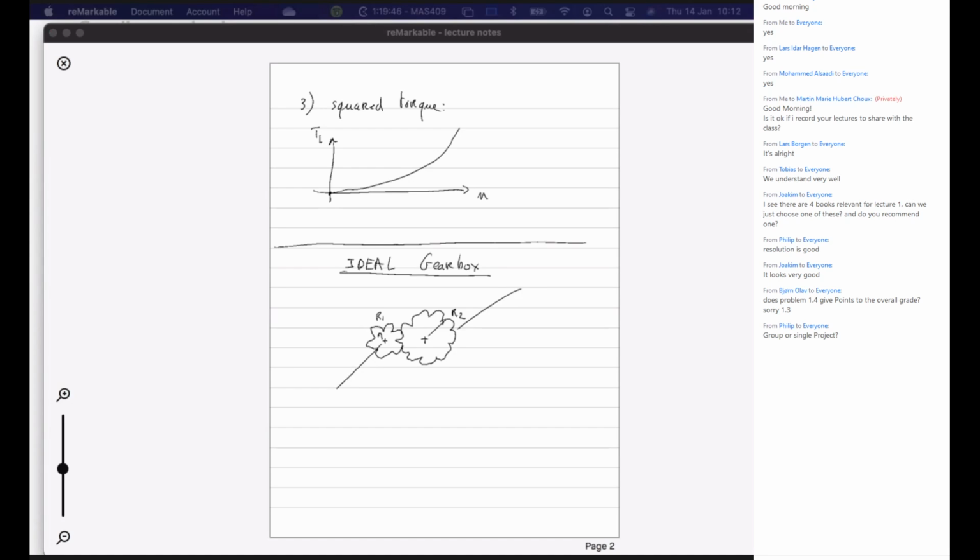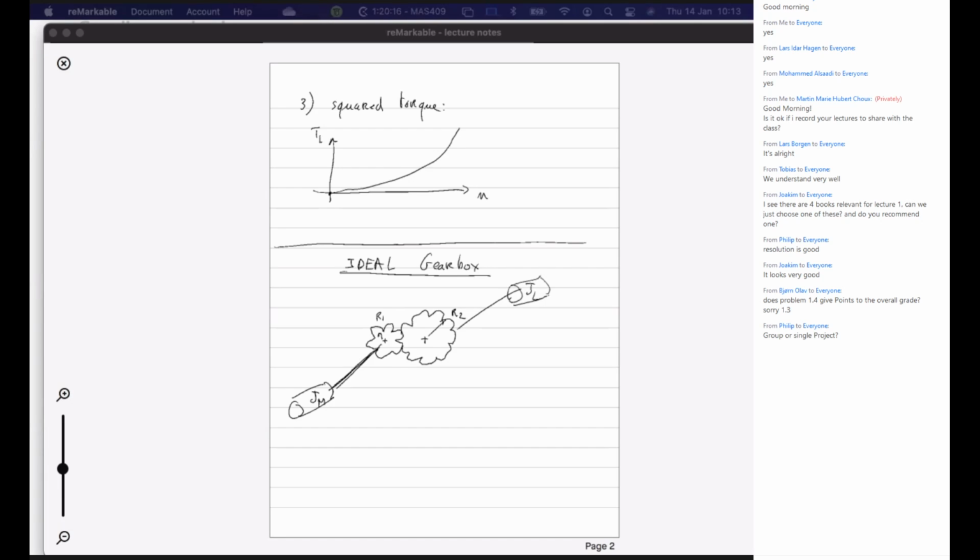And if we add inertia, if we put on the left side a motor with inertia Jm, and here we have the inertia of the load JL, then we have a gearbox ratio.